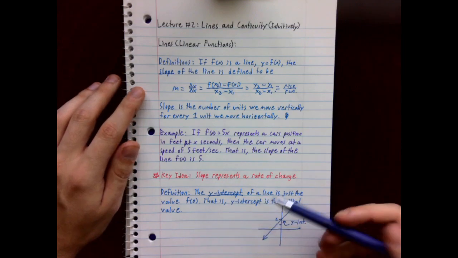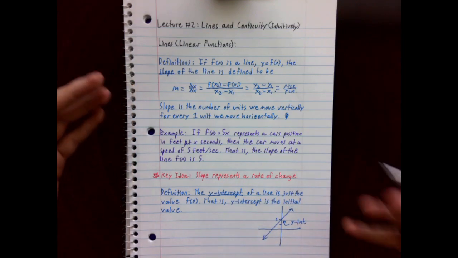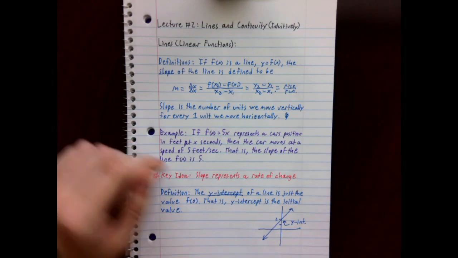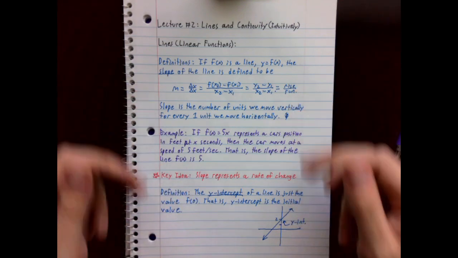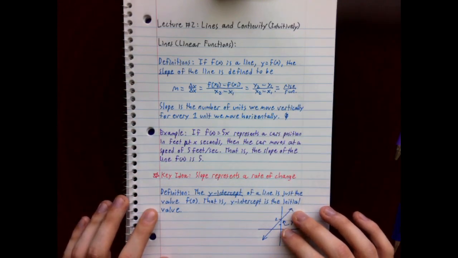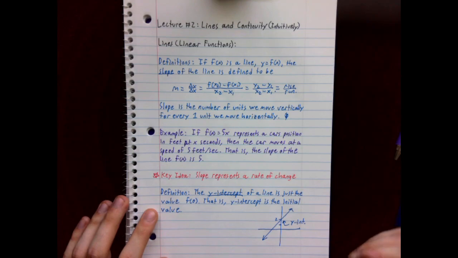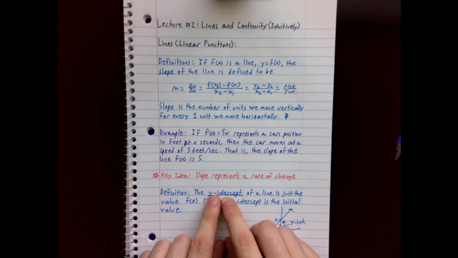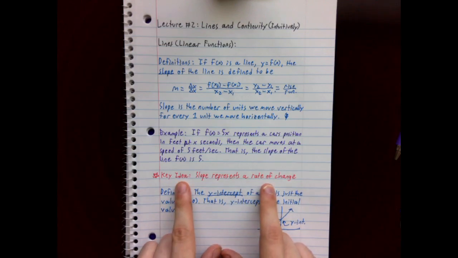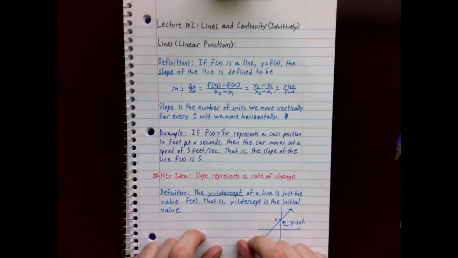So we call it the y-intercept because graphically it is where the line intersects the y-axis. Okay, so those are the two main features of a line, namely its slope and where it intersects the y-axis. These uniquely define a line, as we'll see here in a moment. And also this key idea, slope represents the rate of change. Very important to remember this. If I ever write something in red, very important to remember that idea.